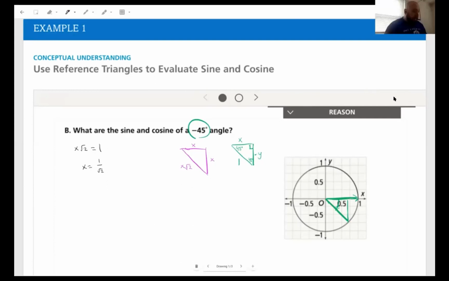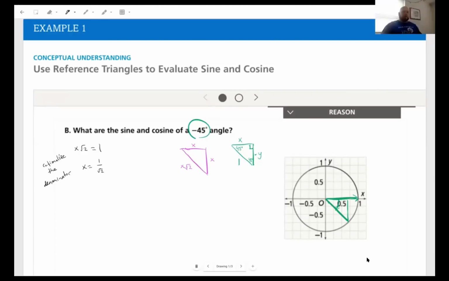And now you're going to learn about something called rationalizing the denominator. And rationalizing the denominator means that you are going to remove all square roots from the denominator. It's okay to have a square root in the numerator, but you don't want to leave a square root in the denominator.